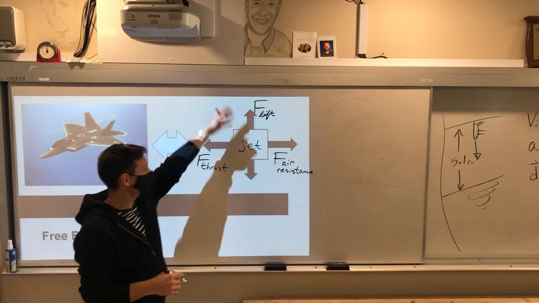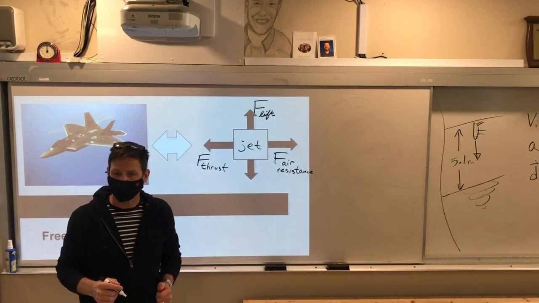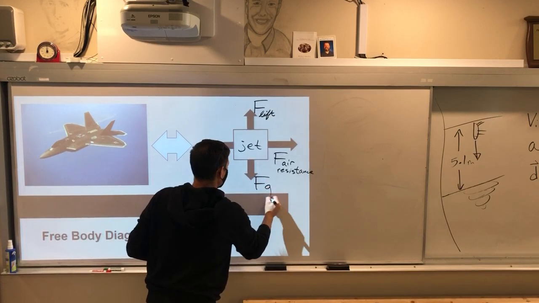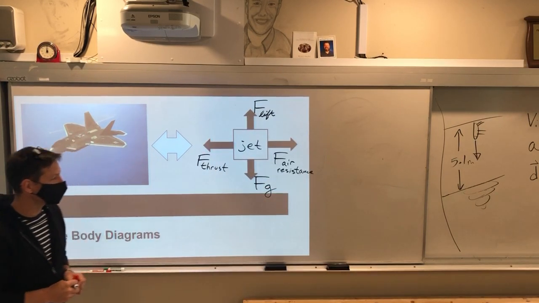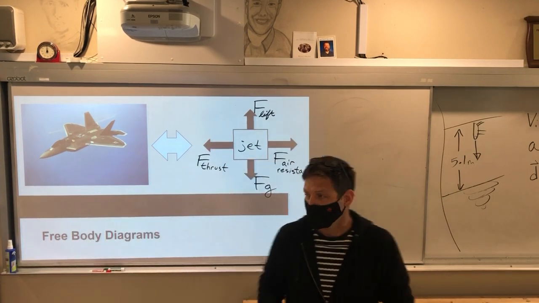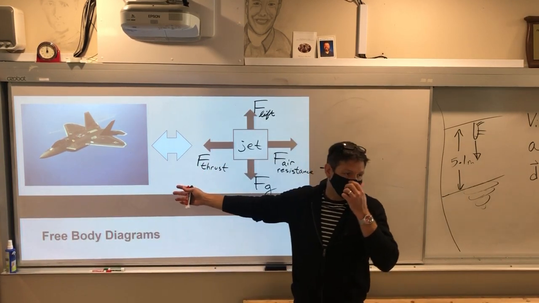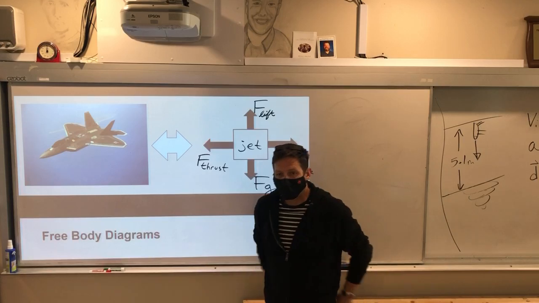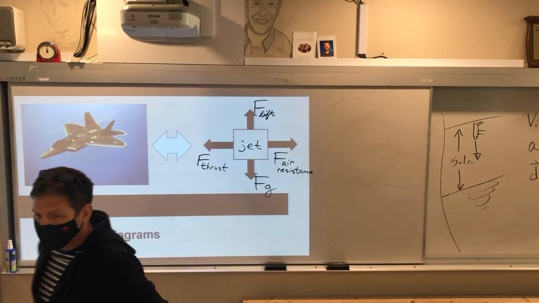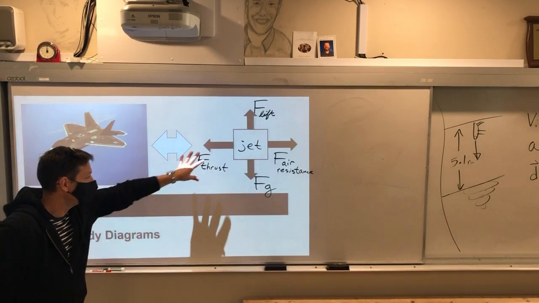Okay, so there is an upward force. And what's the other force? Gravity. Good. Gravity pushing down. Now, let's say that this jet is flying at 200 meters per second. What can you say about those four forces?